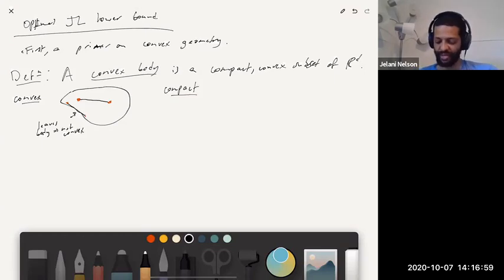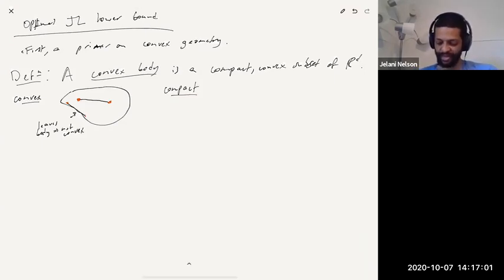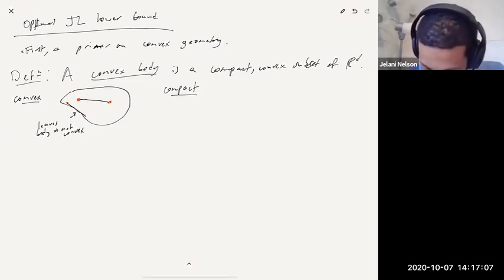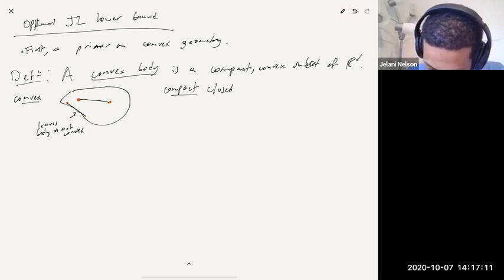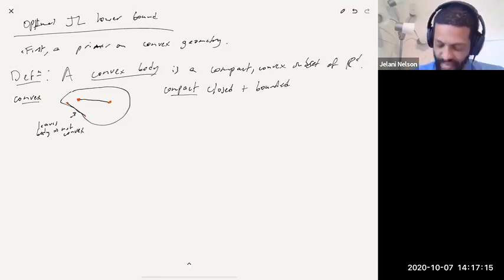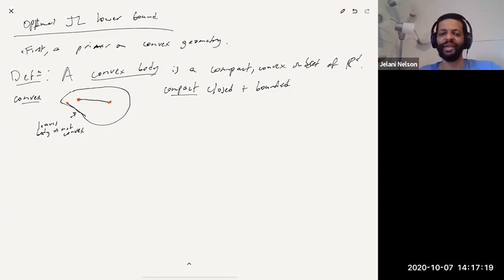I'm not assuming that people here have taken analysis or topology, but it does have a more general definition in terms of something called open sets. But for us in R^d, it's just the same thing as closed and bounded. Bounded just means what you think it means. It's in a bounding box. It doesn't go off to infinity.